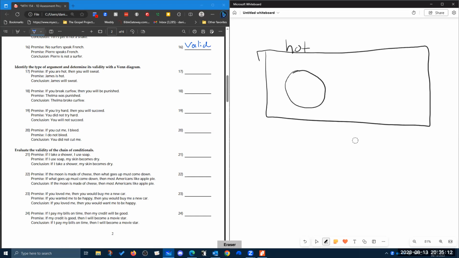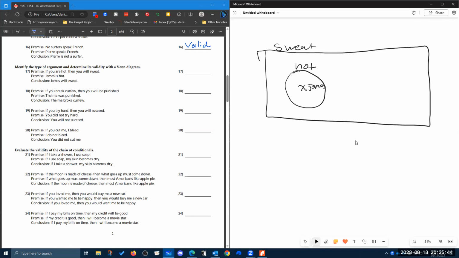I have this backwards. Sweat. Hot. If you are in the circle here, hot, you are definitely in the circle of you will sweat, right? James is hot. There's James. Therefore, James will sweat.